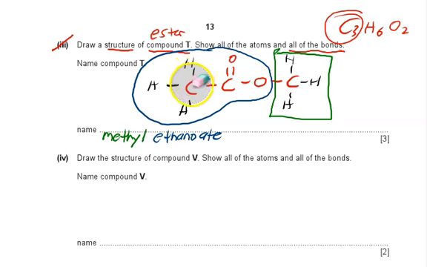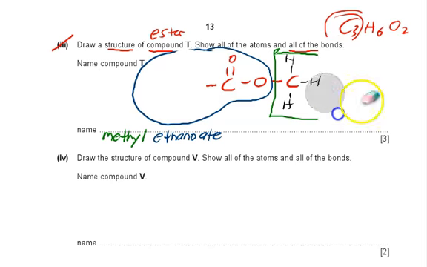Let's say you want to put another carbon over here. So I'm going to erase this part. Okay, so let me place, I should have erased this. Okay, let me place another carbon over here.